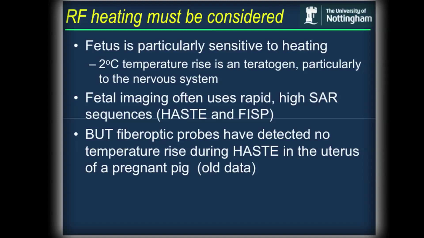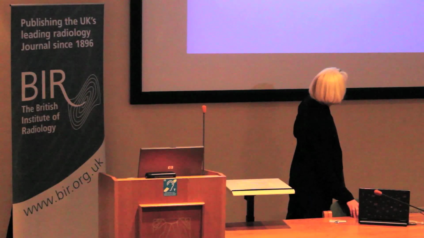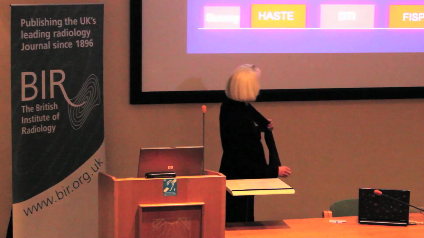So we're actually using particularly high power sequences in fetal imaging. But I talked about the previous data being mathematical modelling. There has been one study, or probably a couple of studies actually, quite old studies with fibre optic probes in the pregnant uterus of a pig, and they haven't found a temperature rise. But I think that is quite old data, so it probably needs to be repeated now.